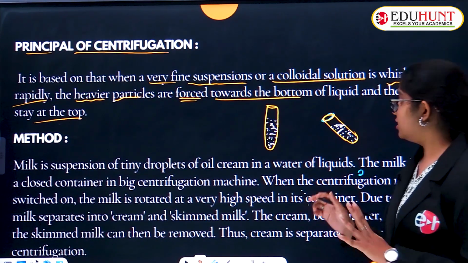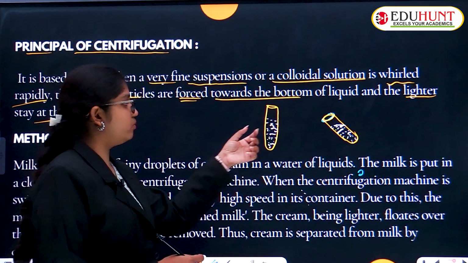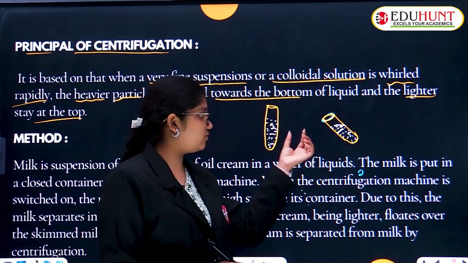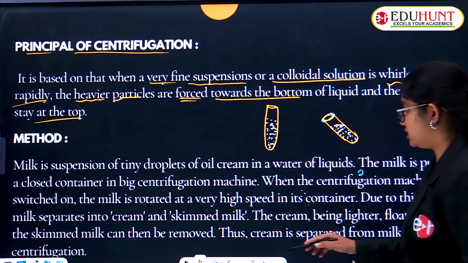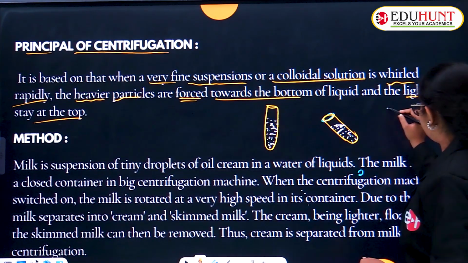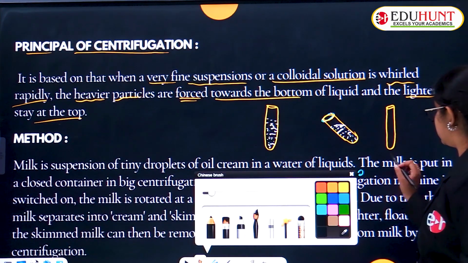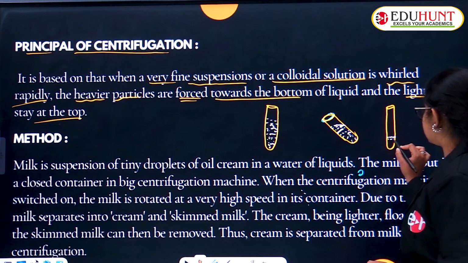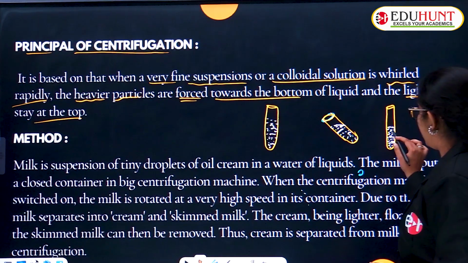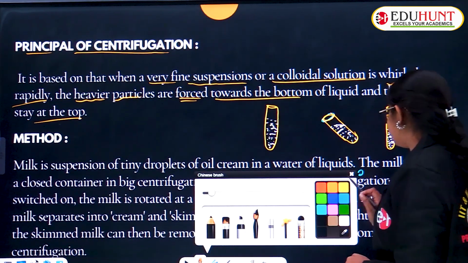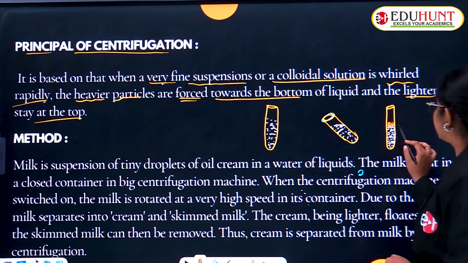Ready? Now the centrifugation is being processed. After that, if I remove this test tube and observe, the same test tube will contain the settled particles, which is milk. At the top we can observe some amount of lighter particles, that is cream.